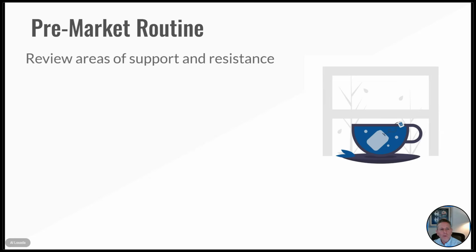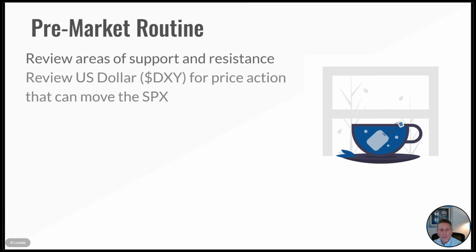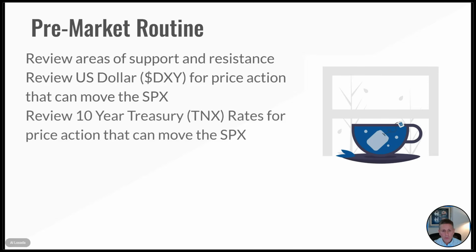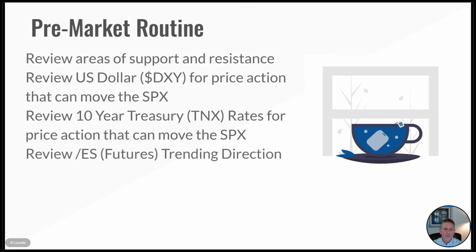Pre-market routine: review areas of support and resistance. Review the U.S. dollar. I always look at that along with treasury notes. And that's really important because that affects the way that you put on those trades. Okay, so review futures in a trending direction, and then review the VIX.